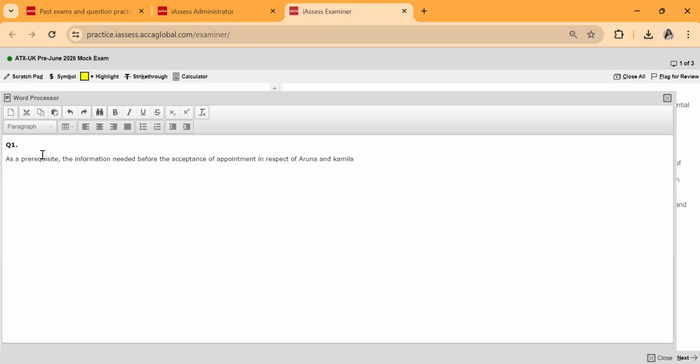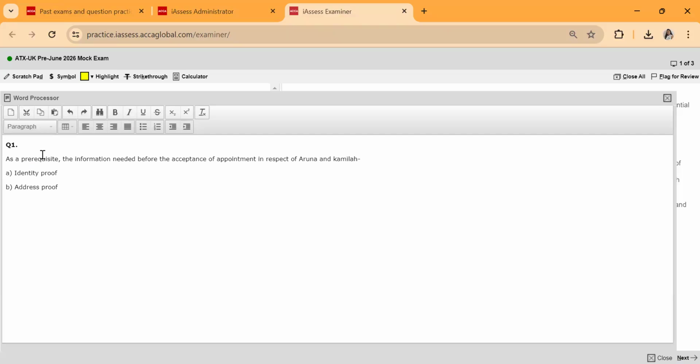If you remember, for individuals, we need the identity proof, right? We need the address proof. So number 1, identity proof. And number 2, address proof. That's all we need for an individual.